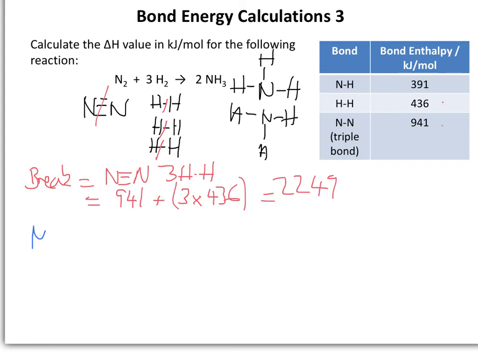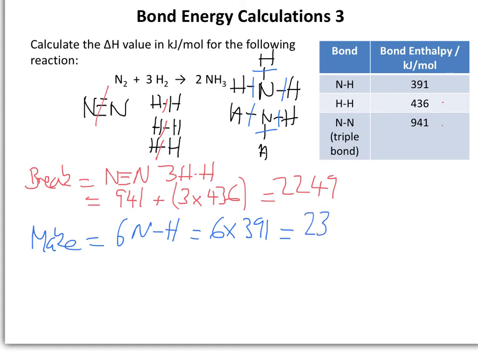Our make, well, we've made 6 NH bonds. So that's 6 times NH 391, and that comes to 2346.